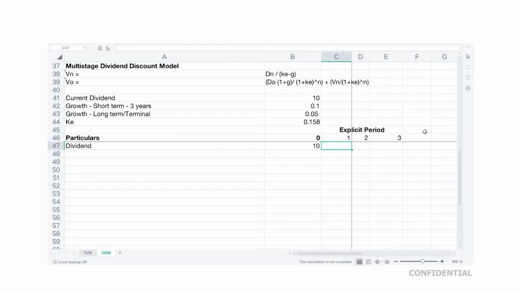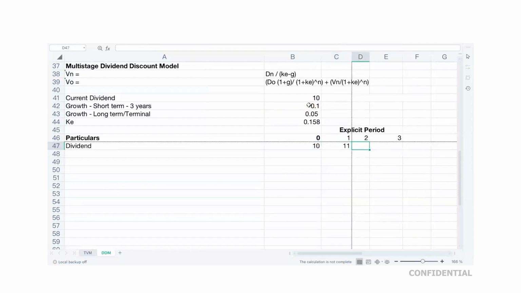What will be the dividend in the first year? 11, which is D0 into 1 plus the growth rate, giving D1, the expected dividend next year. The current dividend of 10 rupees is multiplied by 1 plus the growth rate, and the growth rate for the first year is 10%.